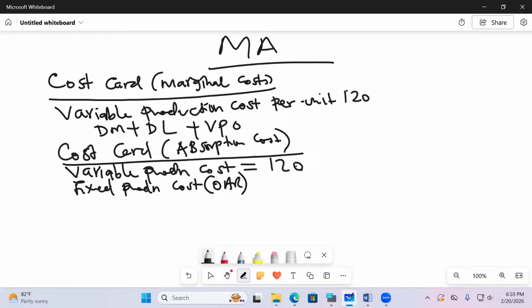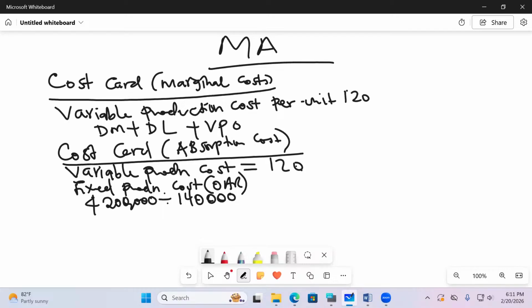For a whole year, I can see a figure of 4.2 million. And for the whole year, we are producing 140,000 units.